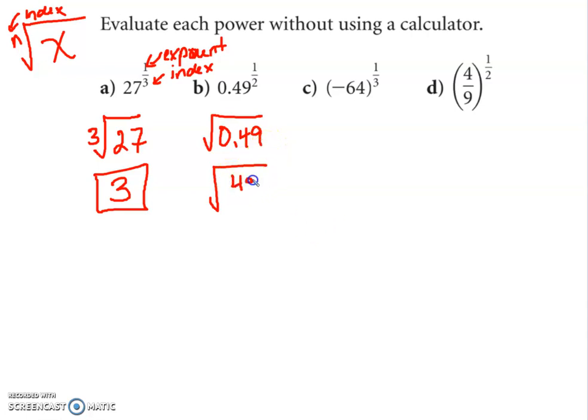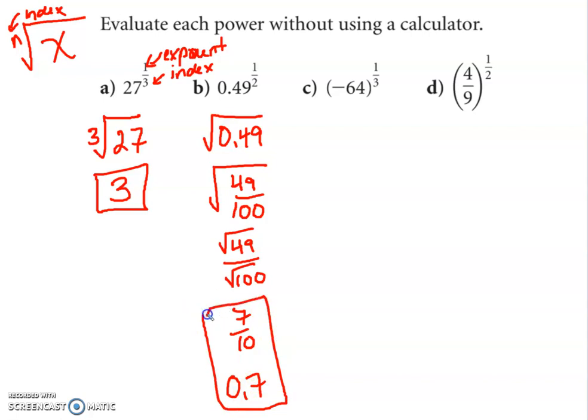So we have 49 divided by 100, which is the square root of 49 divided by the square root of 100, which is 7 on 10. So you could have ended up with 7/10 or 0.7. Either of those is a nice way to write the solution.